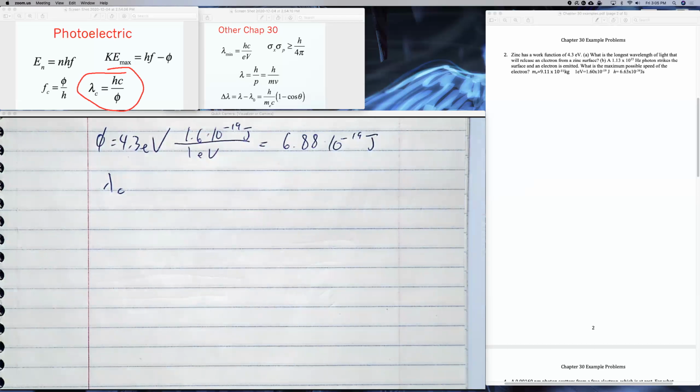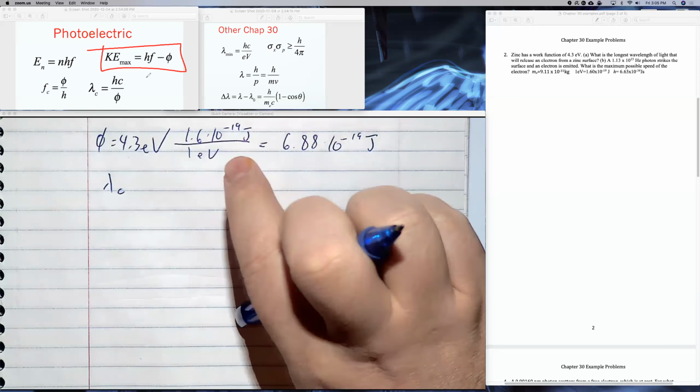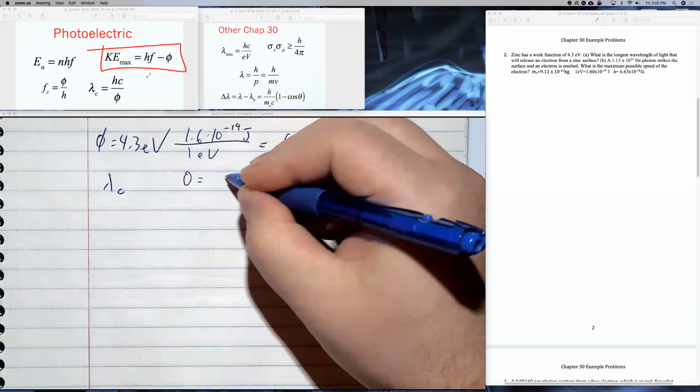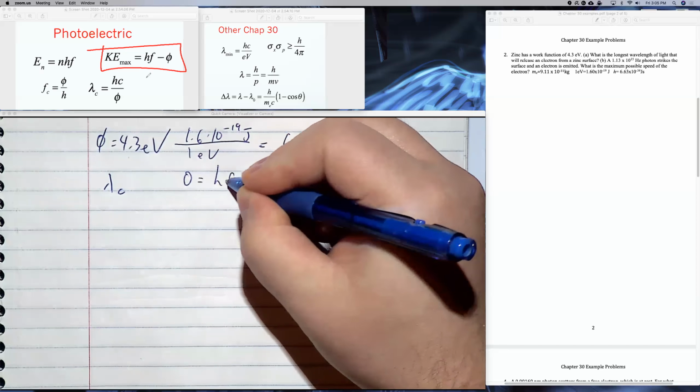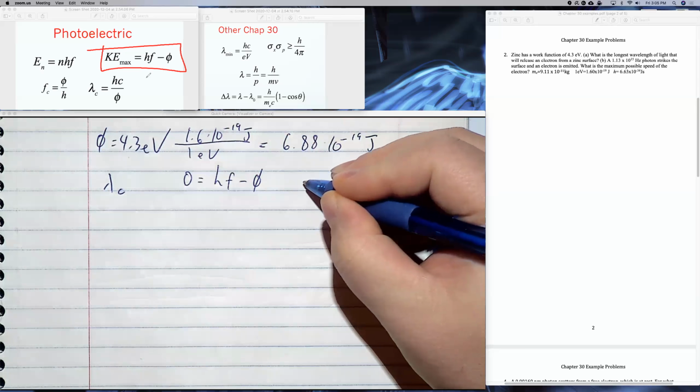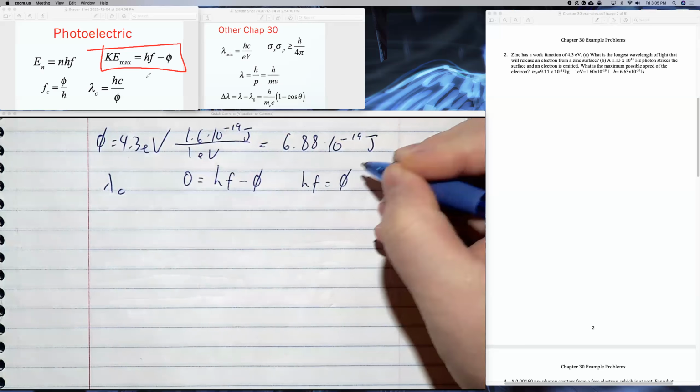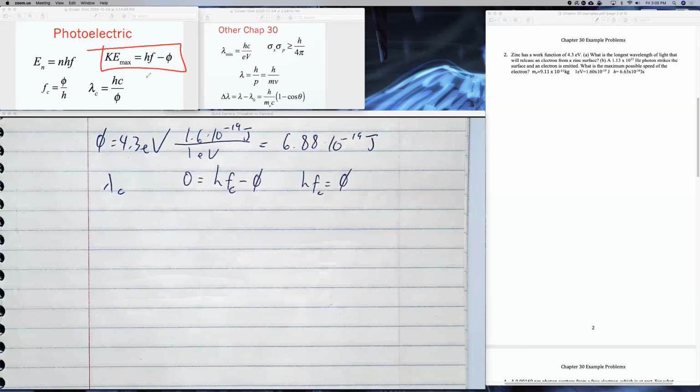it comes from this right here, that KE max is hf minus the work function. And the limit is going to be when KE equals 0. So when 0 equals hf minus the work function, or hf equals the work function, that's going to be the critical frequency.